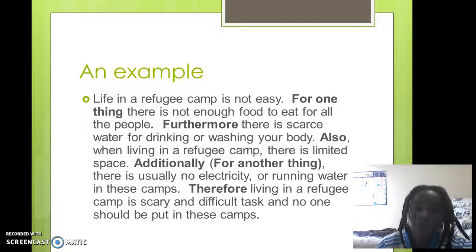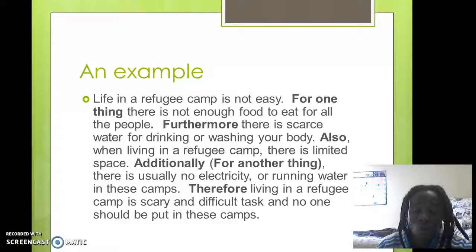Life in a refugee camp is not easy. For one thing, there is not enough food to eat for all the people. Furthermore, there is scarce water for drinking or washing your body. Also, when living in a refugee camp, there is limited space.